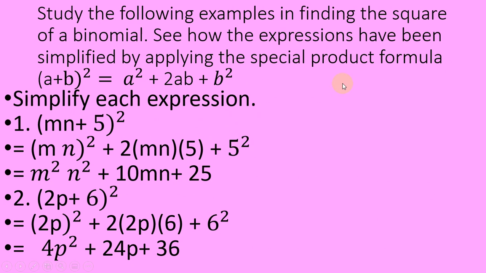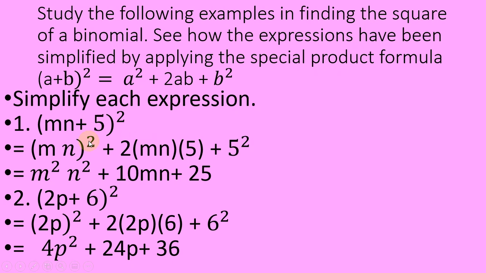Study the following examples in finding the square of a binomial. See how the expressions have been simplified by applying the special product formula. Simplify each expression. We have (mn plus 5) squared. According to the formula, we need to square the first term, which is mn, then twice the product of the first term and the last term, which is 2 times mn times 5, and lastly, square the last term, which is 5.